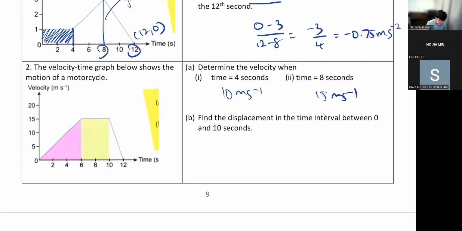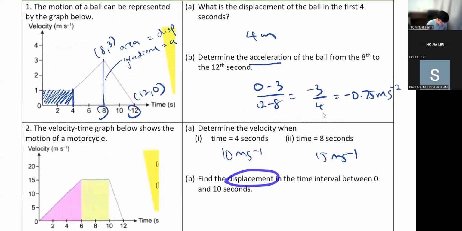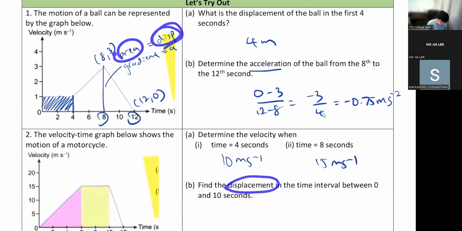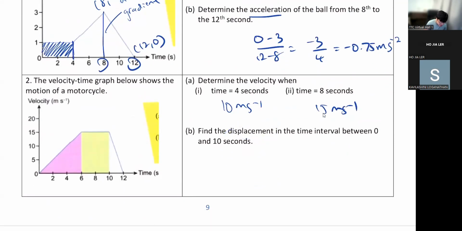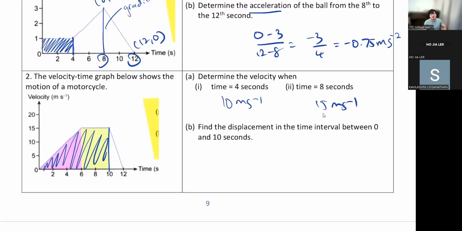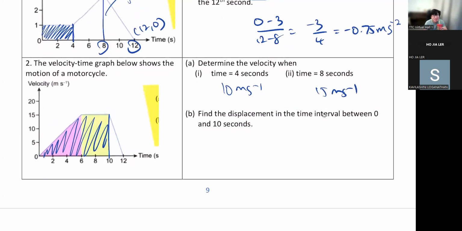All right, easy peasy. So displacement, how do you find displacement? You find the area, right? The area between 0 to 10. So from 0 to 10, that means they want this area. Right, guys, do you know what shape this is? Yes, it's a trapezium. What's the formula for trapezium?